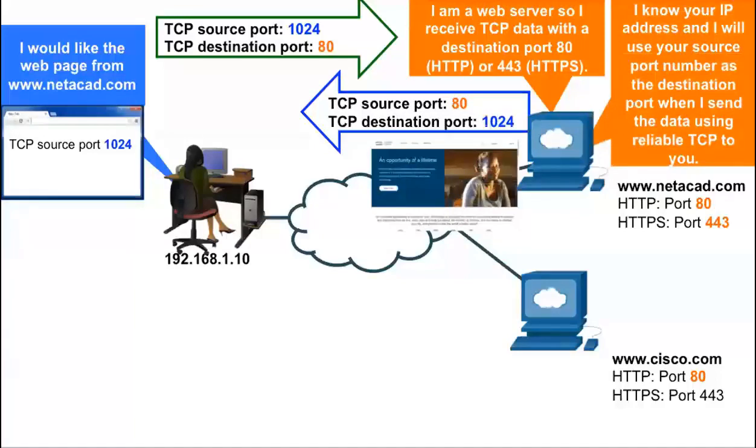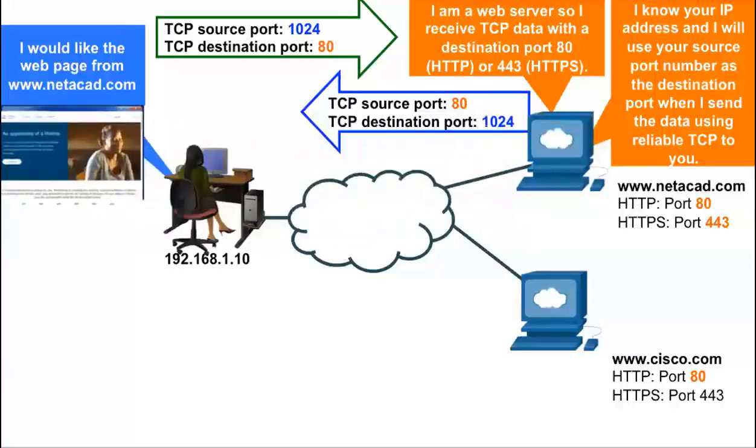After receiving the request from the client, when the www.netacad.com web server sends the client the data it has requested, it will be sent from its TCP source port 80. In other words, from its HTTP application.